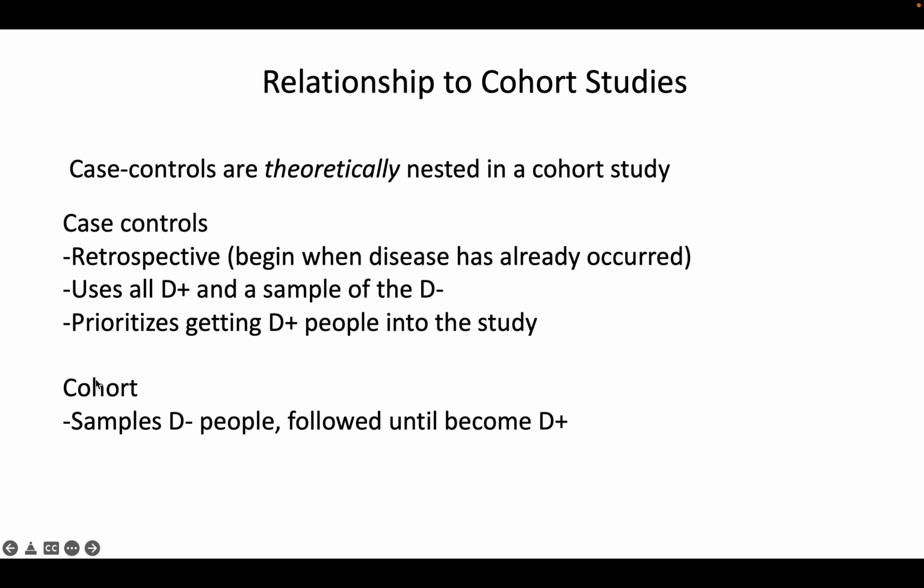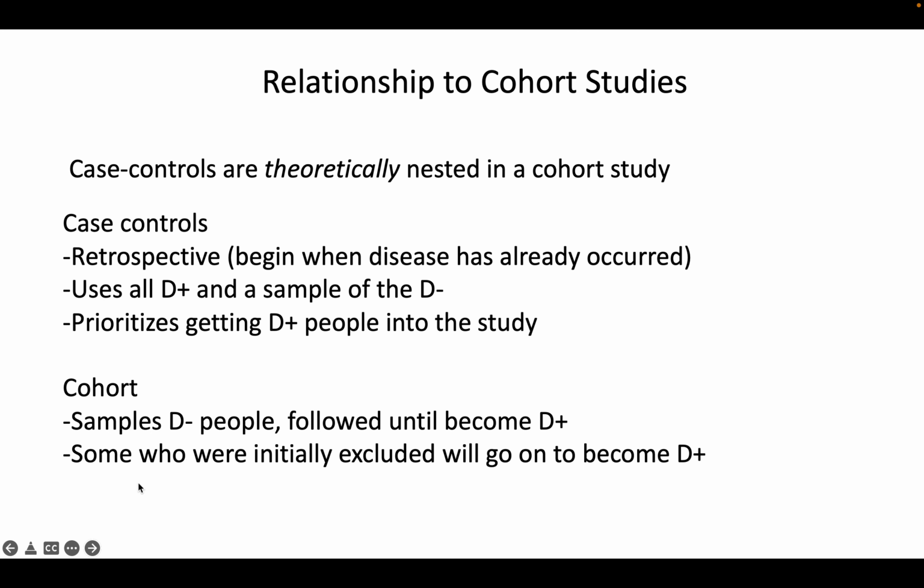With a cohort study, you sample disease negative people, so you figure out the disease status of people in your sample and exclude those that already have it, because you're interested in witnessing people go from disease negative to disease positive. Basically, you want incident cases. Even though you excluded everyone who is disease positive, you still took a sample of the population, and some of those people who weren't part of that sample might have gone on to get the disease, and they are not involved in the study.